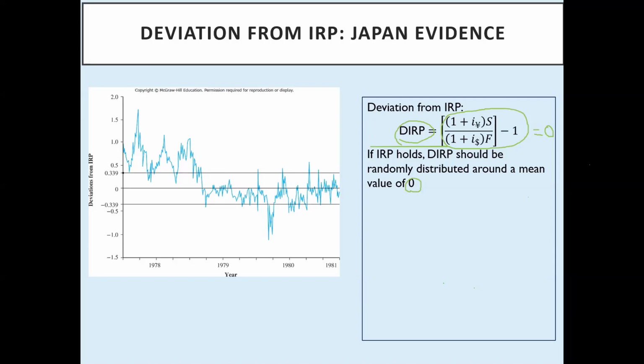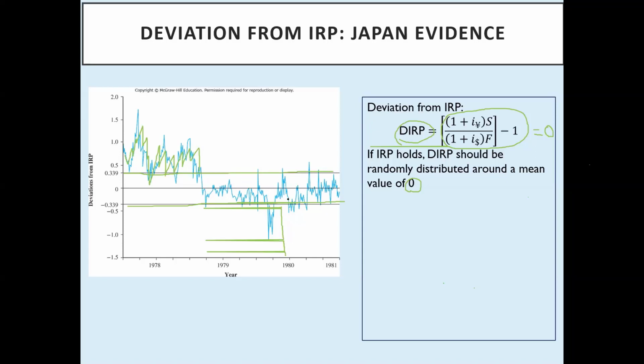When people plotted the deviation from the IRP and compared that with the actual data, they found that in Japan, in the period before the 1980s, there was a great discrepancy. The interest rate actually deviates from the IRP conditions.